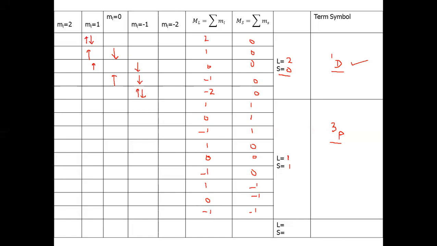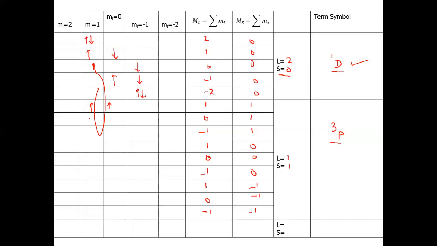Now let us try to draw this. We can start from here. Both the electrons have the same spin, so capital ML is 1 plus 0, 1. Capital MS is again half plus half, 1.